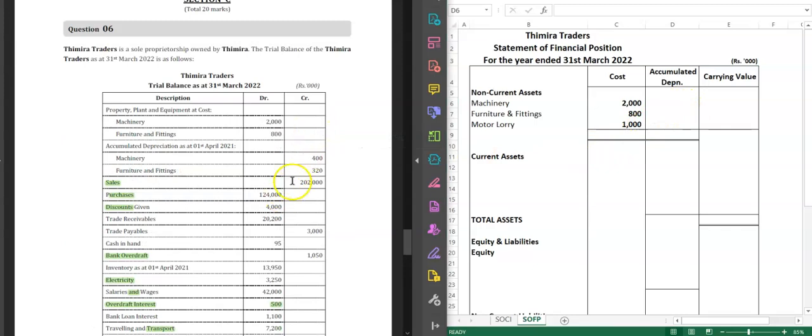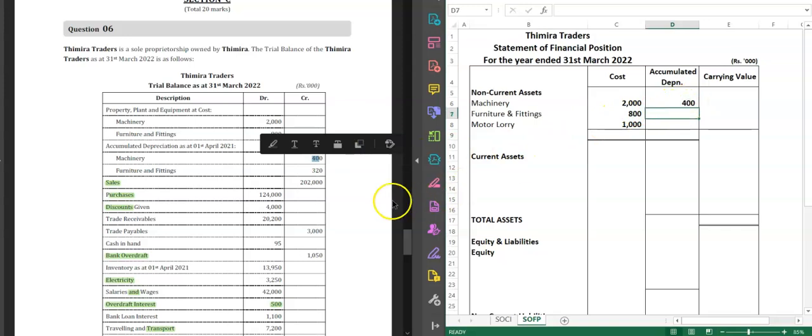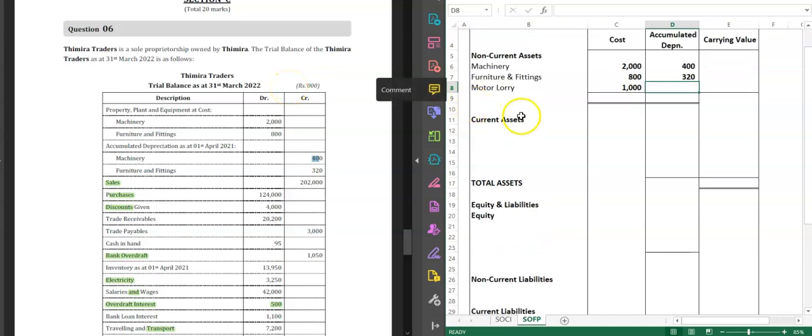Now let's see the accumulated depreciation. Already there is an accumulated depreciation for machinery, that is 400. Then furniture and fittings, that is 320. This balance is as of 31st March 2022. Then what is the motor lorry depreciation?